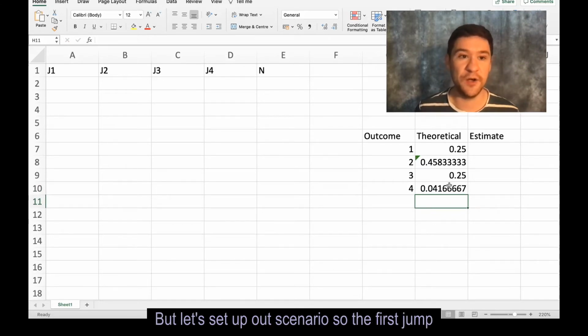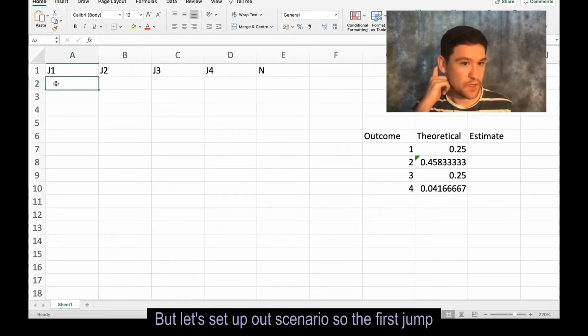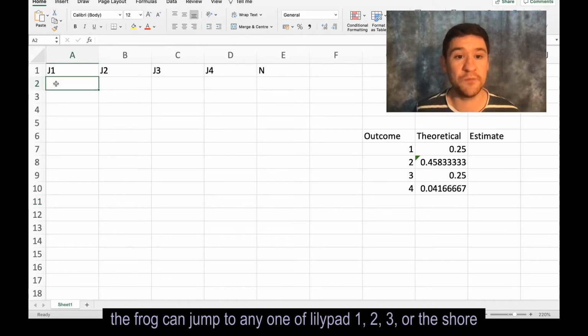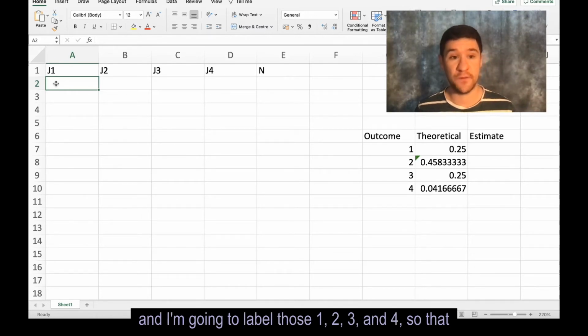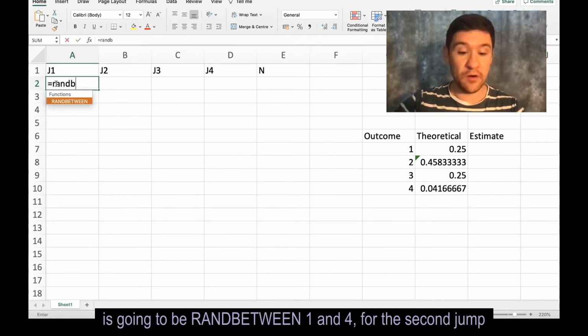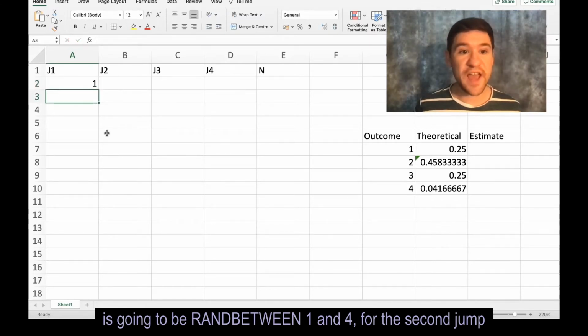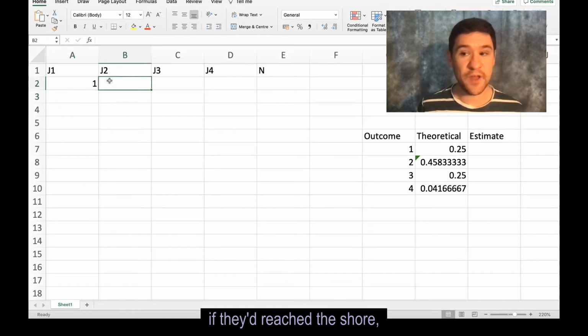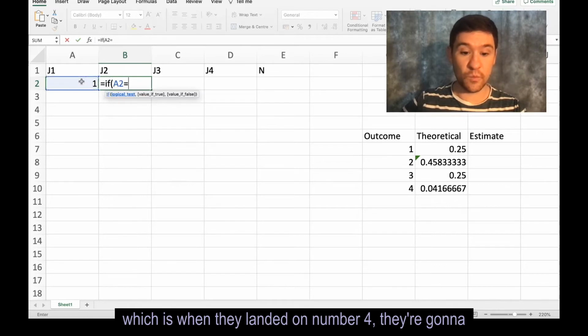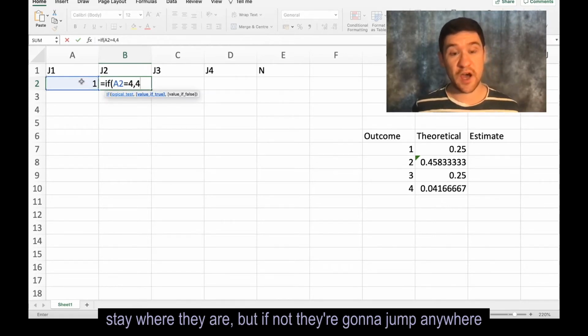Let's set up our scenario. So the first jump, the frog can jump to any one of lily pad 1, 2, 3 or the shore. And I'm going to label those 1, 2, 3 and 4. So that is going to be round between 1 and 4. For the second jump, if they'd reached the shore, which is when they landed on number 4, they're gonna stay where they are.